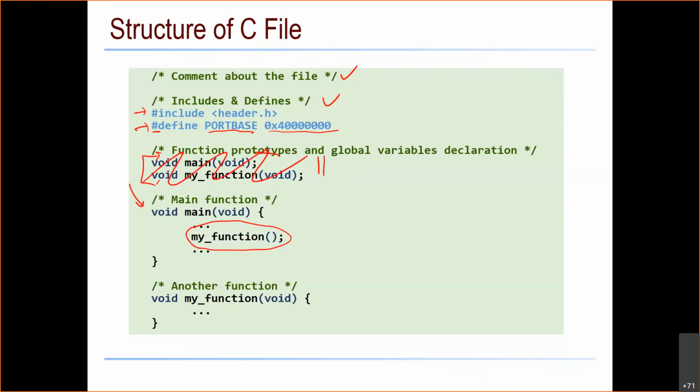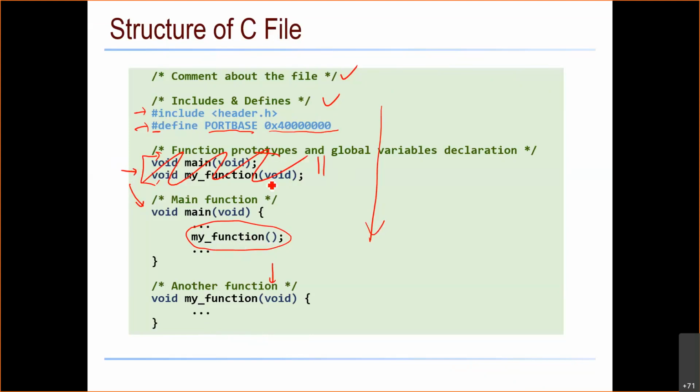Is it a variable? Is it a function call? Is it a definition? I do not know that because I've never seen it, right? Why? Because the compiler will compile line by line, so my function has never been seen before. In fact, my function will appear later down in the program code.